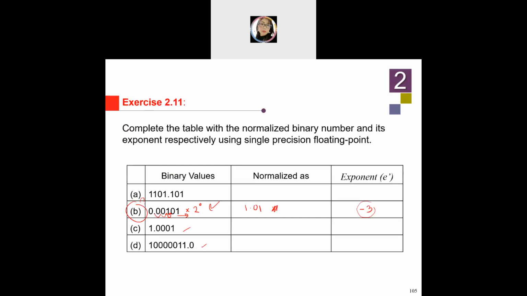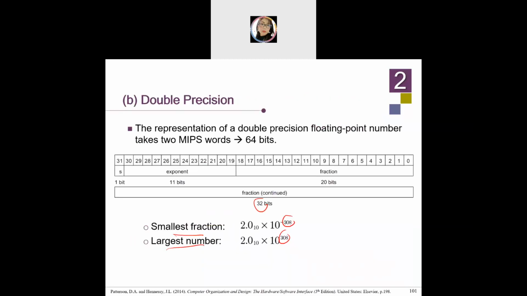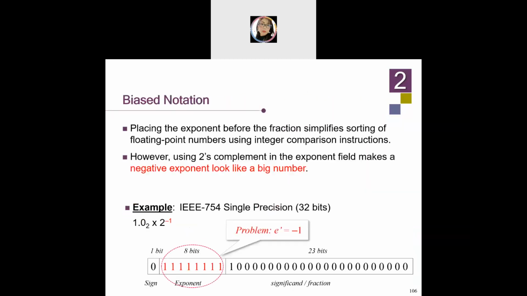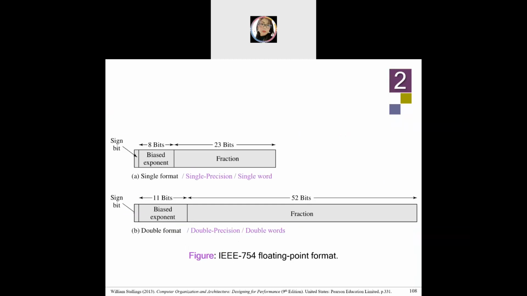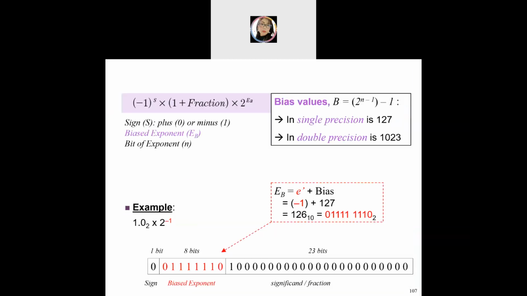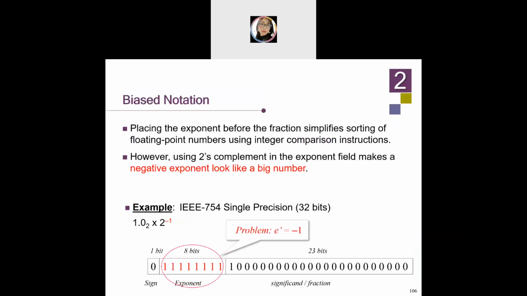similar to the simple format, we have a bias exponent. Just now you learned IEEE, and the doctor said it's only the exponent, but we will also have the bias notation or bias exponent there, replacing our exponent, because of a similar problem.